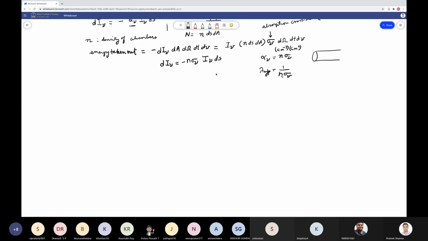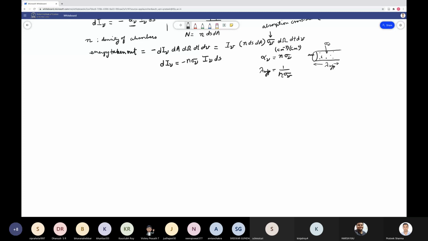So mean free path. Are you all familiar with what the mean free path is? There are these scatterers, with each particle having some cross section sigma nu in this case. Mean free path means the typical distance over which a photon, or a particle shone on this medium, will get absorbed.